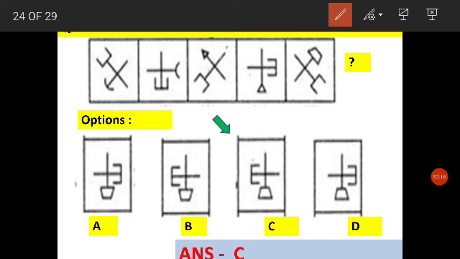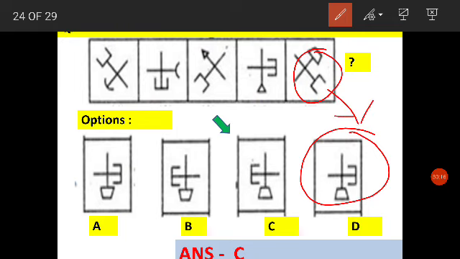But you'll note that this option is also very close, because it also has both these features reversed. But the point is, when this particular thing is reversing, it is going more than 180 degrees or 225 degrees. Here it is only 90 degrees. Between here and here it is only 45 degrees, less than 90 degrees.